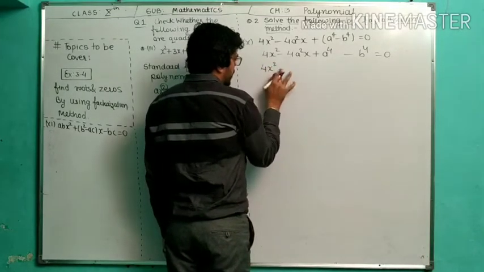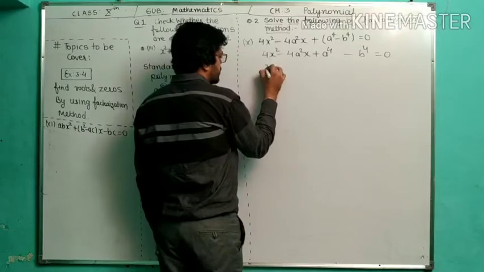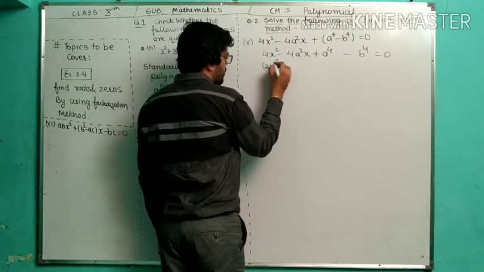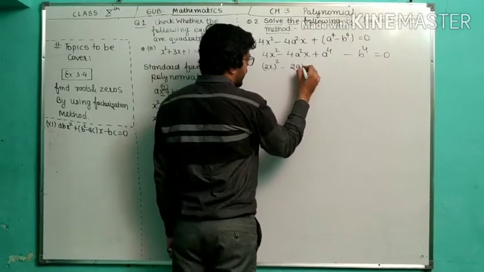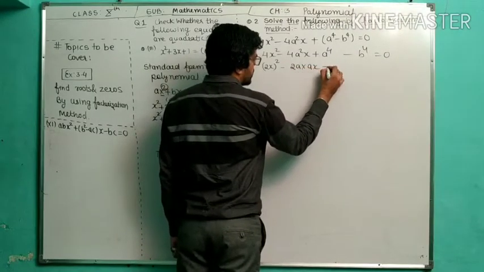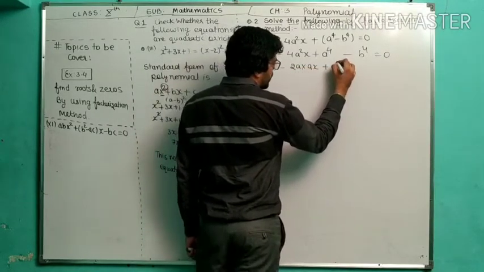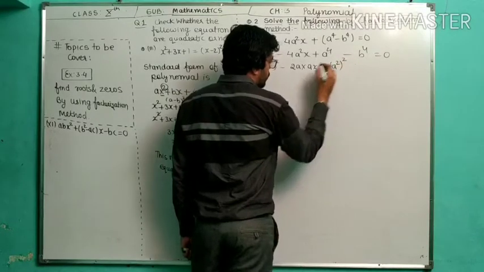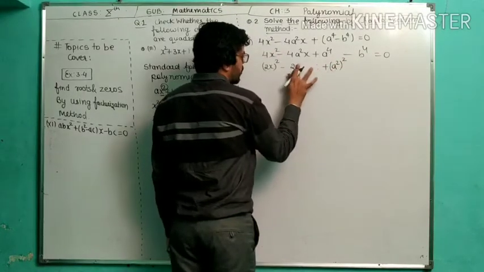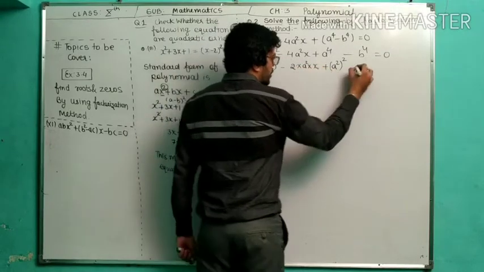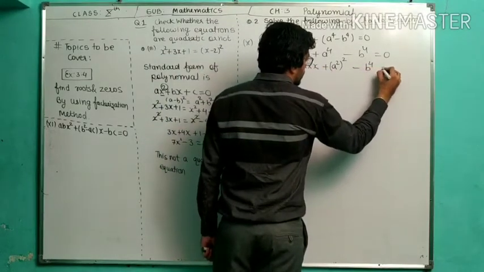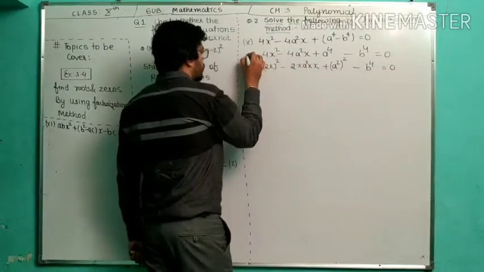If you change this 4x in terms of 2x to the power 2, you can write it as 2 into a square into x, and minus b to the power 4 is equal to 0.